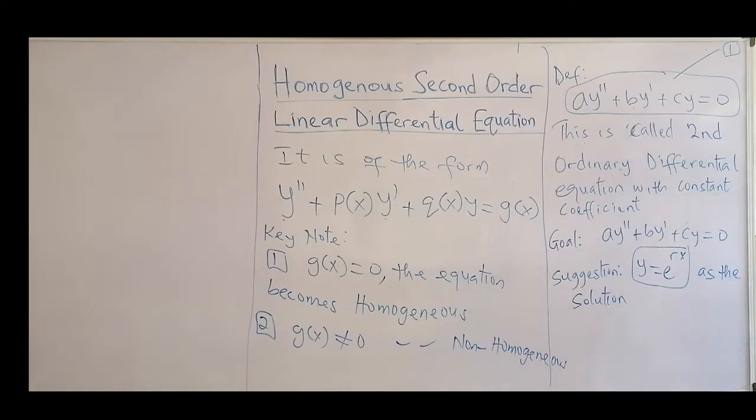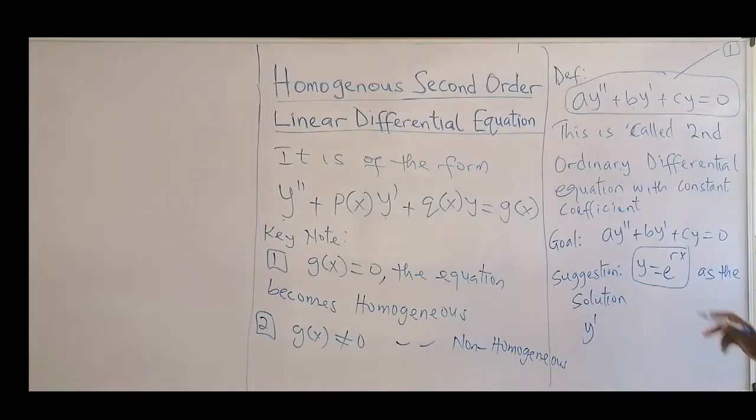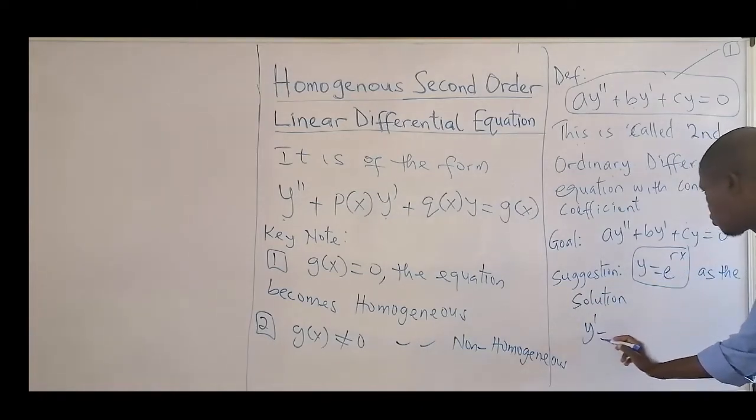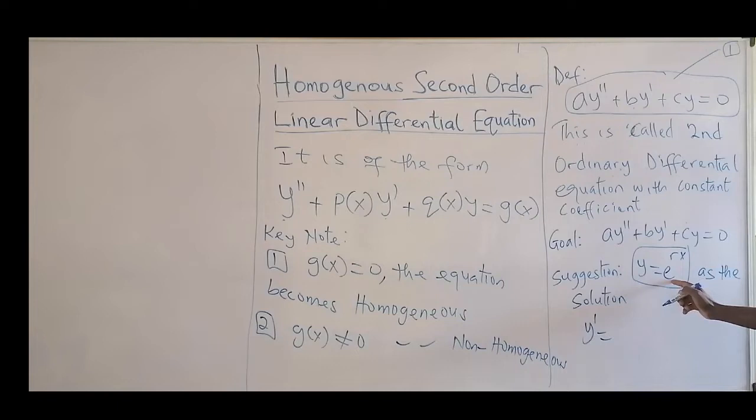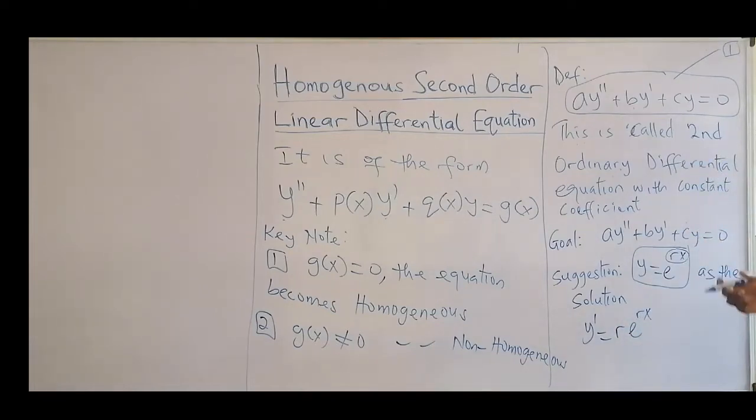So if that is the solution, then we can get the first differential. If you differentiate this, the derivative of the power is just r, so it's r times the function. That's how to differentiate an exponential function: the derivative of the power times the function itself.